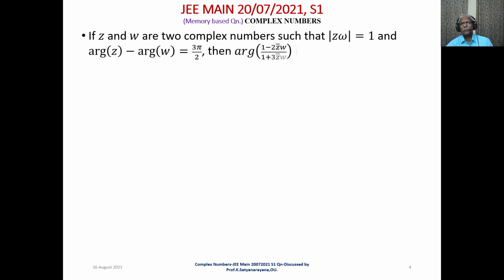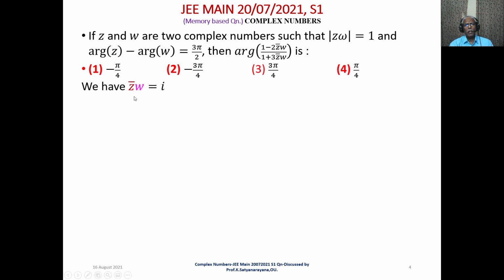That's the problem we have, and the options are there. We have Z bar W is equal to i. Let u be equal to (1 minus 2 Z bar W) whole by (1 plus 3 Z bar W). Putting Z bar W is i, we get (1 minus 2i) by (1 plus 3i).